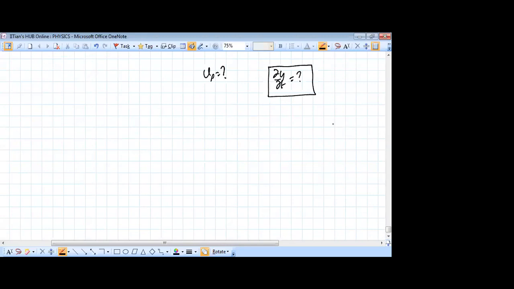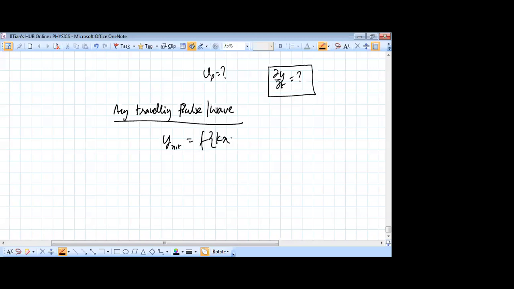Any traveling pulse or wave, the equation is of the type f of kx plus or minus omega t.